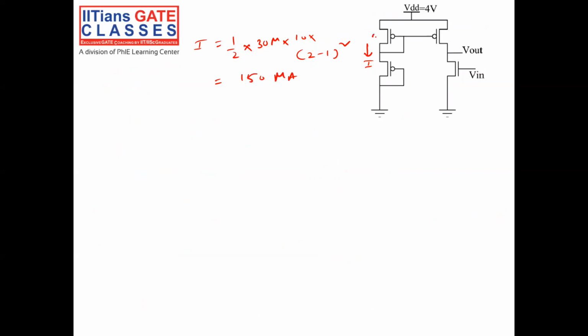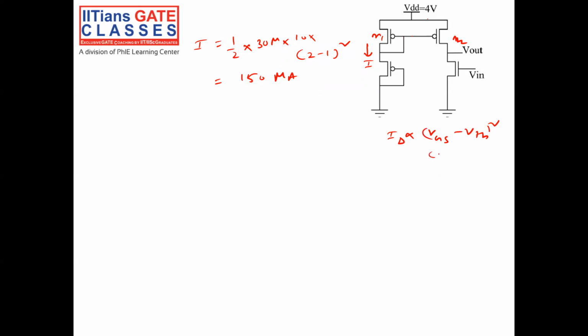Suppose this is M1 and this is M2. For M1 and M2, the gate to source voltage is the same, and my current ID is proportional to VGS minus VTH whole square, neglecting the channel length modulation.